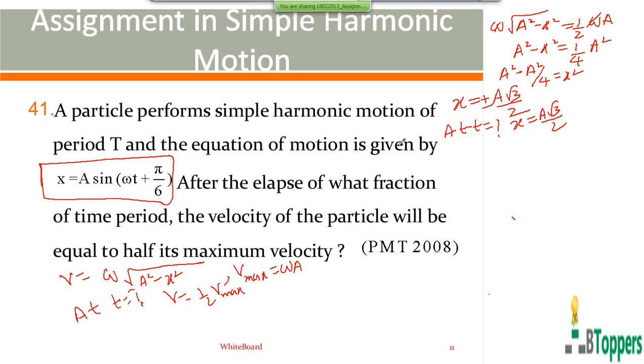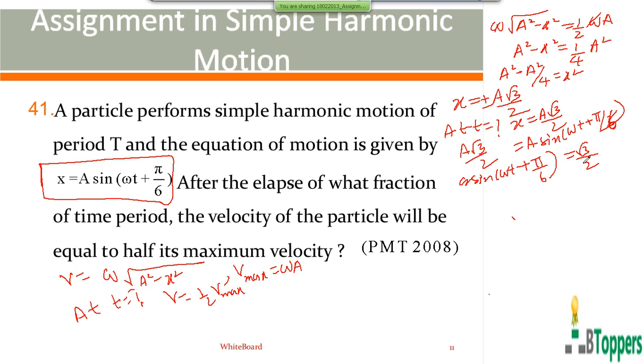Substitute x equals a root 3 by 2 on the left side here: a root 3 by 2 equals a sine of omega t plus pi by 6. So sine of omega t plus pi by 6 equals root 3 by 2.